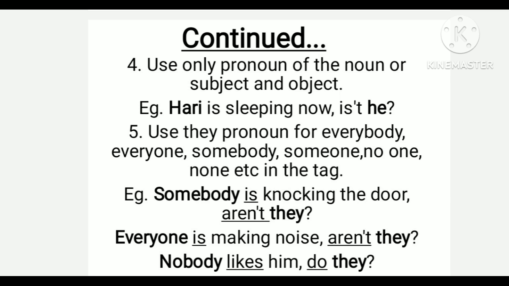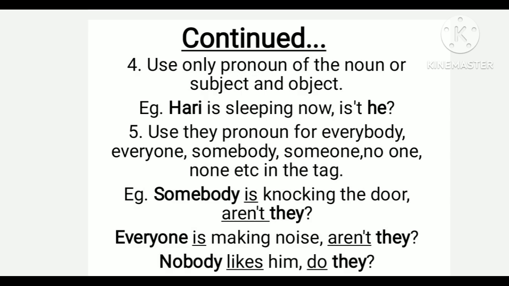Here everyone is singular in the statement, but we use they for everyone, with the aren't be verb. Nobody likes him, do they? Yes, there is a singular verb, that is likes, and there is nobody. So according to the rule, we should use they for nobody, with the do verb.